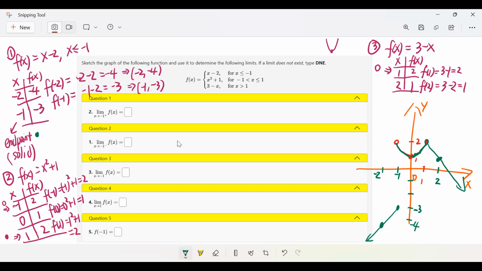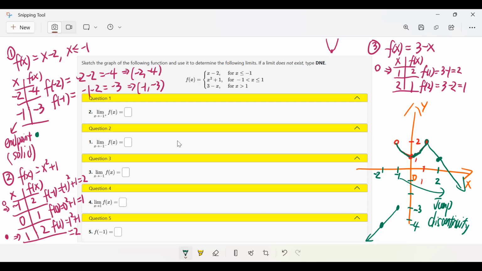That's a jump discontinuity. At -1, jump discontinuity. And that's the only discontinuity here. Everywhere else is continuous, right? It's continuous to the left-hand side of -1. It's continuous to the right-hand side of -1.